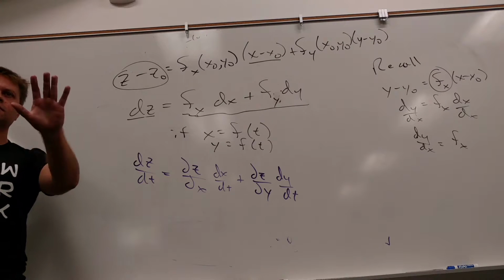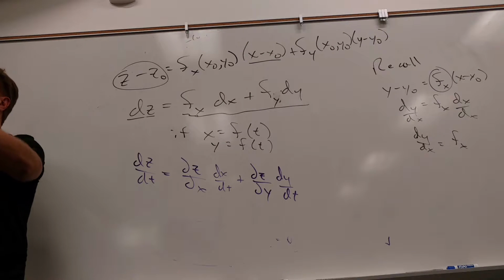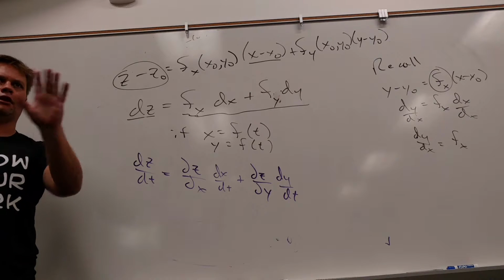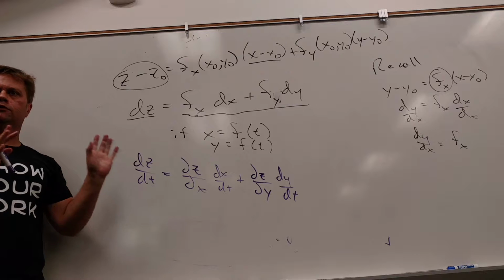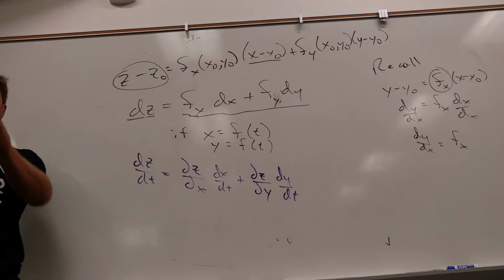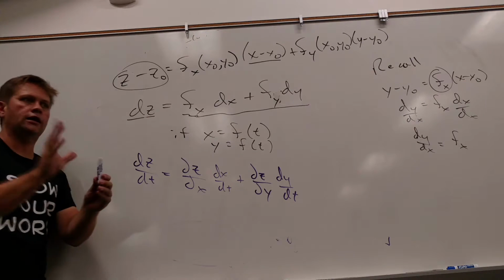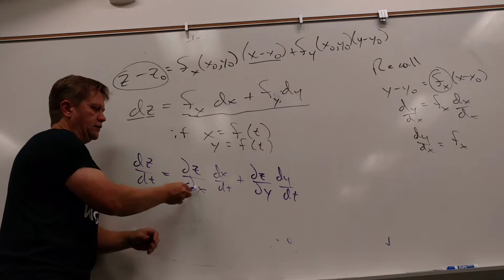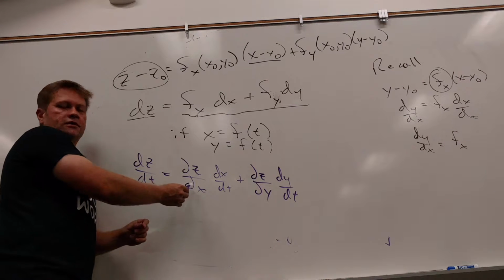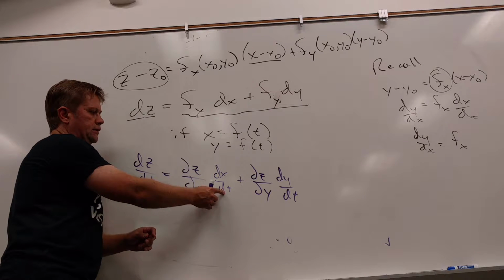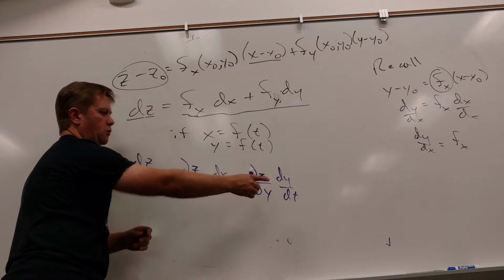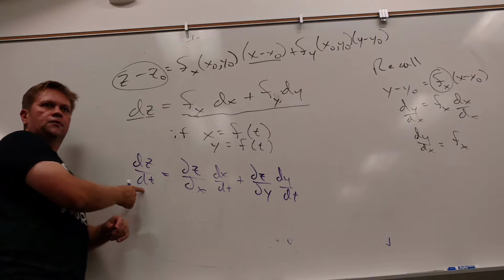So this isn't strictly allowed, even though we play around with these things all the time the same way, because this truly is in some sense a ratio. So it's okay to do what we just did. What I'm about to say is completely not okay, but it's kind of nifty. These sort of cancel in a way, not really, because that's not really the same d as that is. But do you see how that's looking at dz/dt and that's looking at dz/dt? So when you combine those efforts, you're going to get the whole dz/dt.